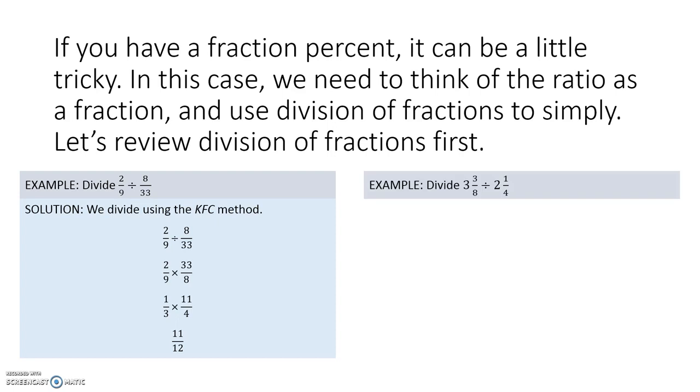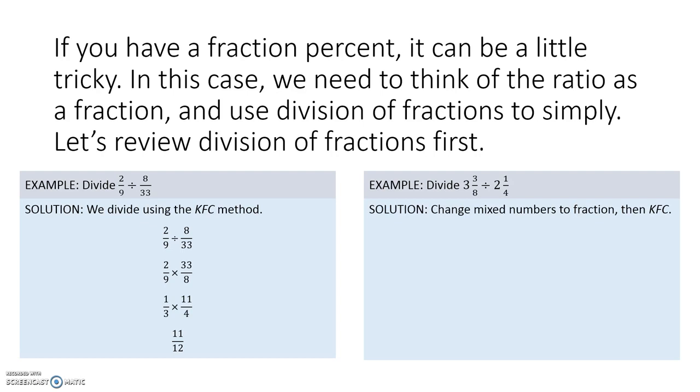Here's another example that involves mixed numbers. We do basically the same thing, but with mixed numbers we have to change them to improper fractions. Then we can apply KFC. So 3 3/8 is the same as 27/8, and 2 1/4 is the same as 9/4.